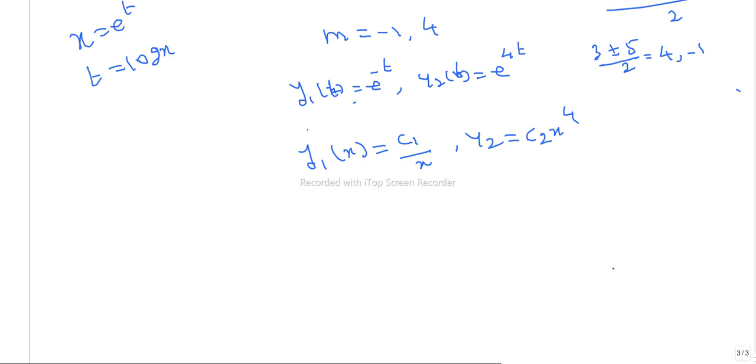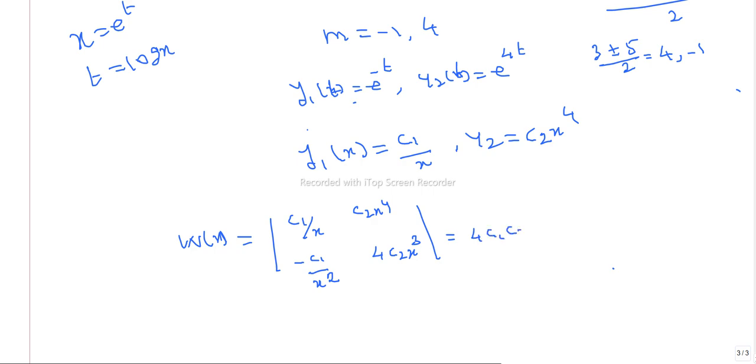Now find the Wronskian. W of x is the determinant of c1 by x, c2 x power 4, and the derivatives, c1 by x square and 4 c2 x cube. Cross multiplying, we have 4 c1 c2 x square plus c1 c2 x square, since minus minus becomes plus.